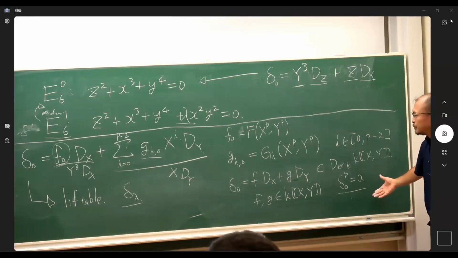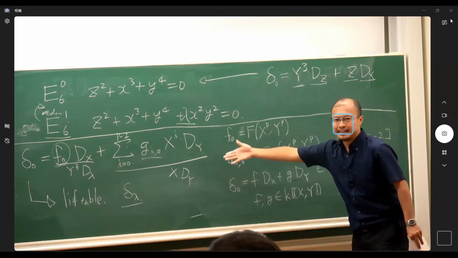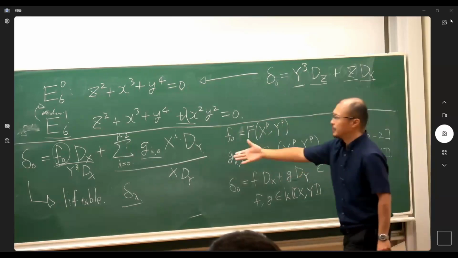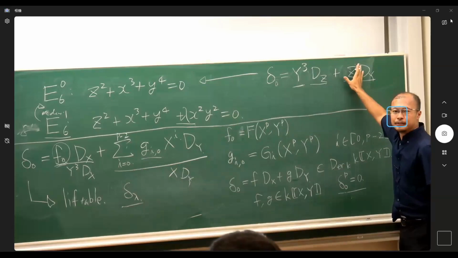So we expect it is true and always liftable, but we don't know. In this special case, we can lift. And this class of derivations contains the E6 zero type derivation.